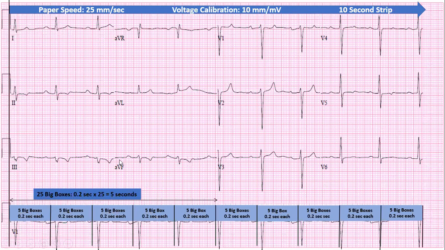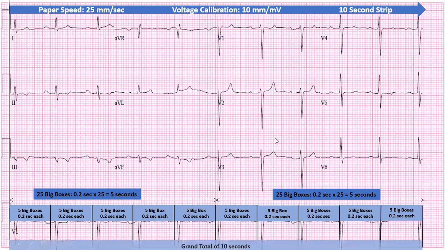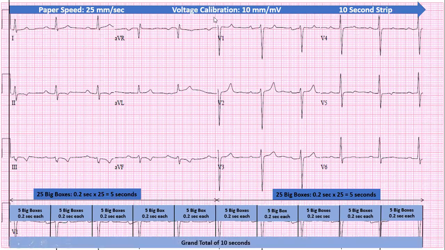So what this is telling you is that this first half of the ECG represents the first 5-second recording, okay? And the same thing going further. The rest of it will be the next 5 seconds, therefore giving you your recording time, which is your 10 seconds. Hence, we say it's a 10-second strip. So that's how you can break it down.